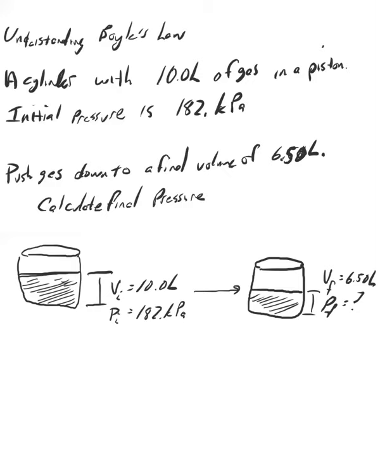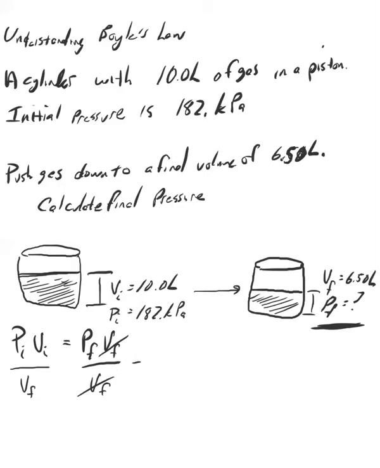So let me just take the equation. I put P first. It doesn't matter whether you put P or V first, but Pi times Vi equals Pf times Vf, right? So we want to find the final pressure. So we divide both sides by V final. V final, V final.